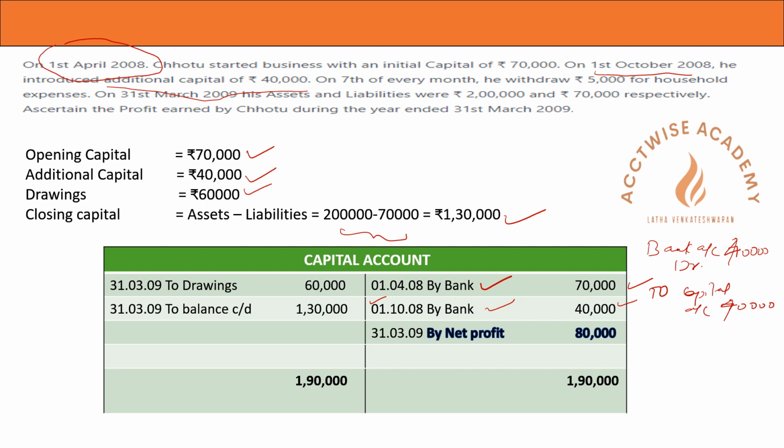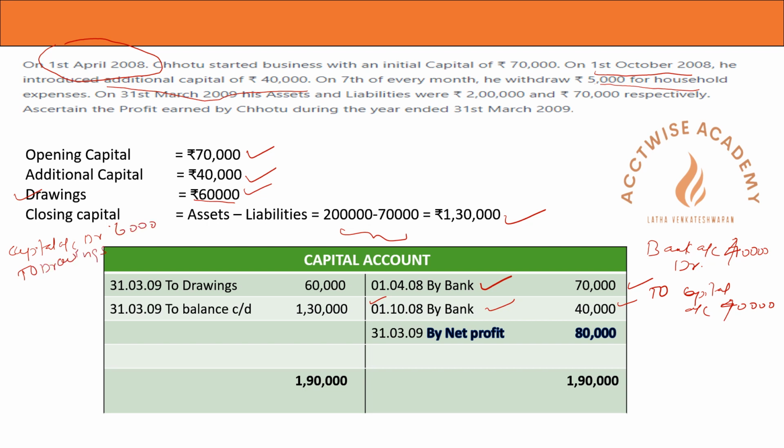Next, on the 7th of every month, he withdrew 5,000 for household expenses. Household expenses is personal expenses, so it is drawings. 5,000 into 12 is 60,000. The entry for that is capital account debit to drawings.